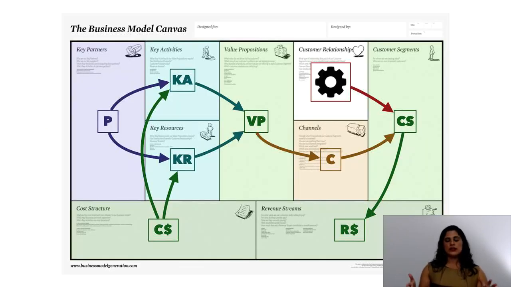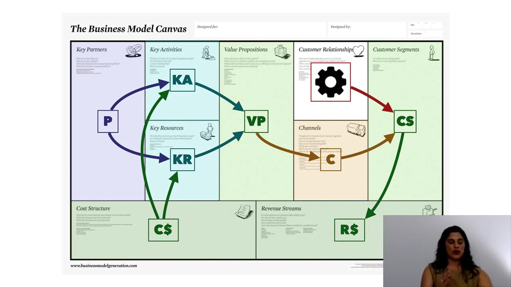So this is a very busy slide, but it's also to demonstrate how all these different segments are related and how they feed off of each other and how they inform one another. As I said before, the customer segments is really critical, and all of the customer relationships, the channels, and even your value propositions come back to your customer segments and how you've defined them.